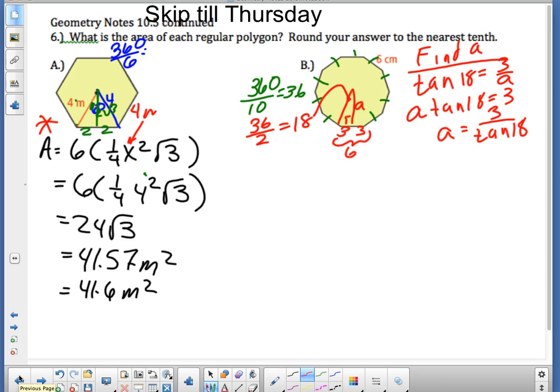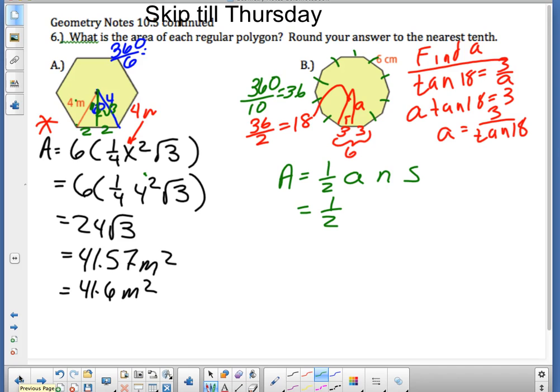I didn't write down anything else because N is 10, S was 6. I now know everything I need for area equals 1/2 ANS. Now, please be advised that when you do these problems, if you just give me an answer, you're going to be missing quite a bit of the points.